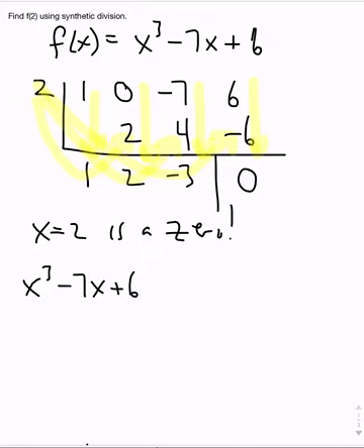So x cubed minus 7x plus 6 is actually x minus 2. Okay, 2 is our 0. And then, so it's x minus 2 times, and then the bottom row here, these are the coefficients of what goes in parentheses. So it's going to be 1 times x squared, so it has degree 1 less, right?